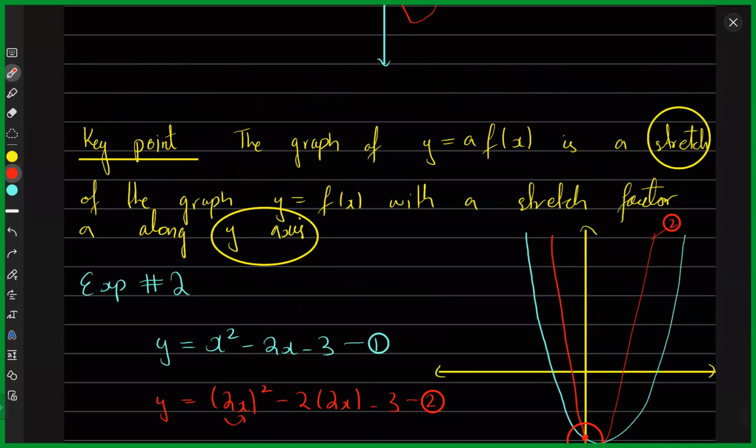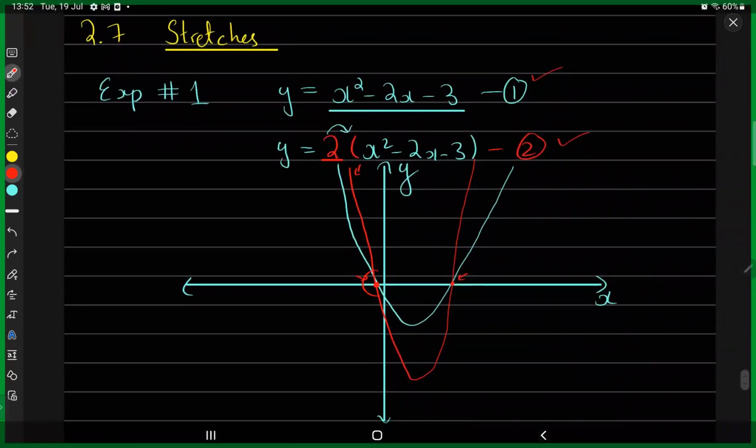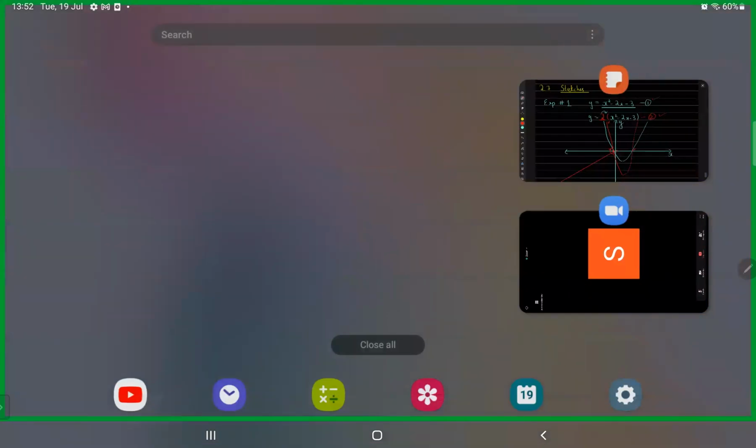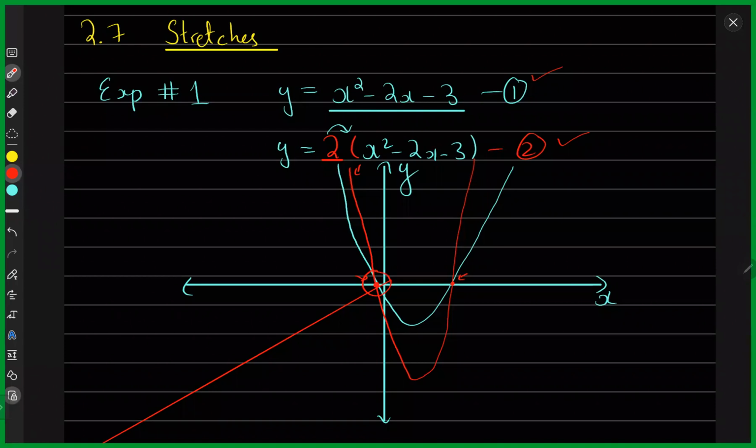And when the stretch was along the y-axis, you can see, we made sure that this thing and this thing stay the same. So the x-intercepts were the same for both the graphs when the stretch was along the y-axis.